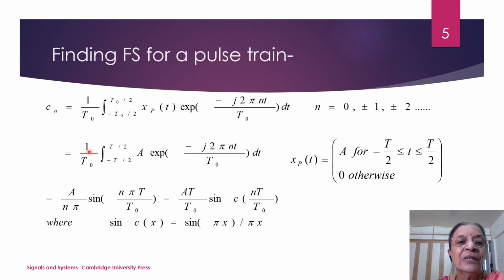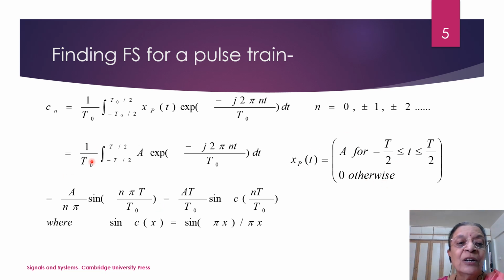So 1 upon T0. Now this particular xp(t), the periodic pulse train, exists between minus T by 2 to plus T by 2, which is the pulse width, and the value is A and equal to 0 otherwise. So this is for one complete period that we have represented.